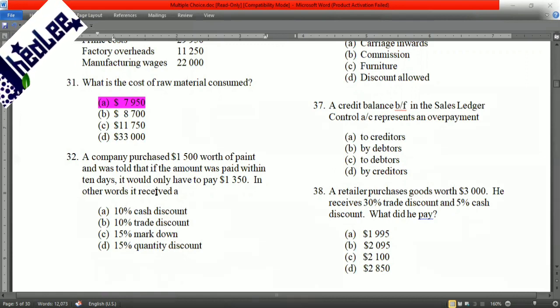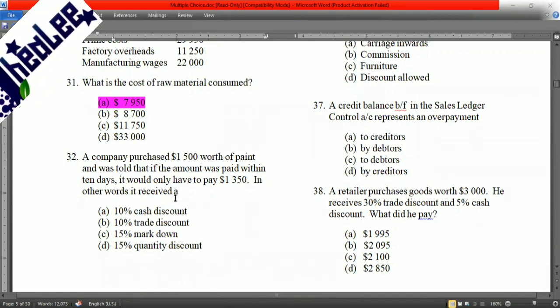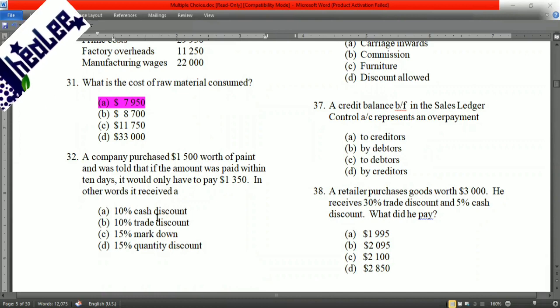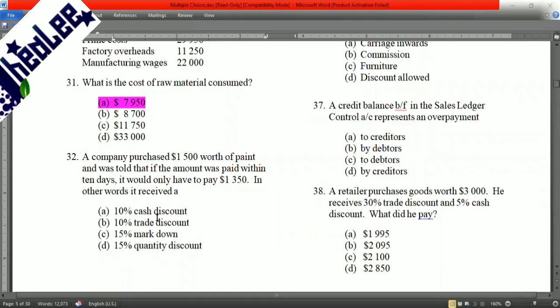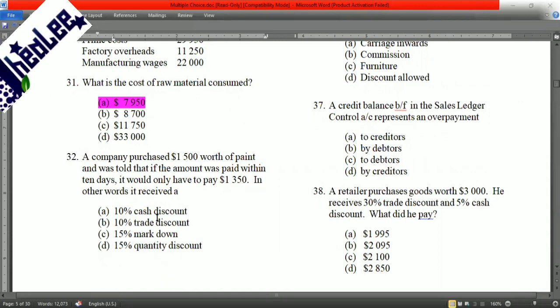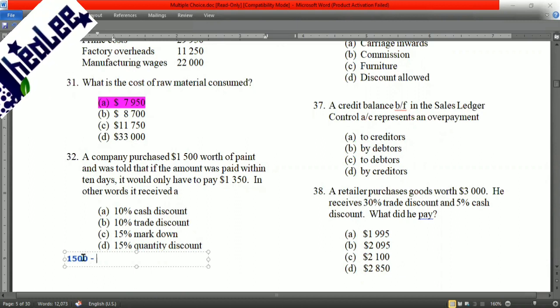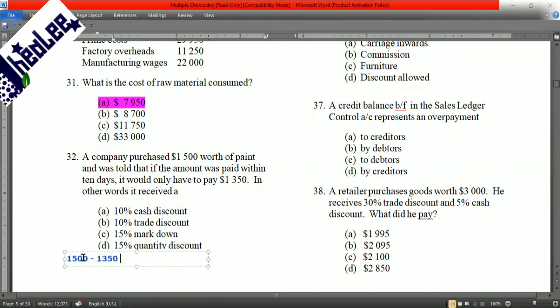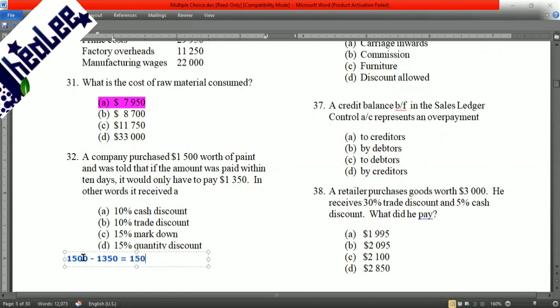In other words, it wanted to calculate the discount, or indicate what it is that the company received by just paying $1,350. Now, if the company paid $1,350, it means that there is a difference of 1,500 minus 1,350, which would give you $150.